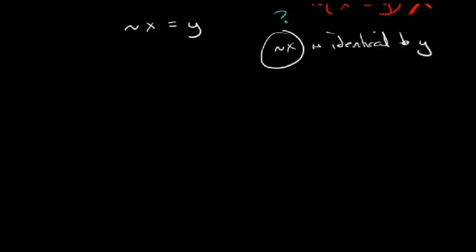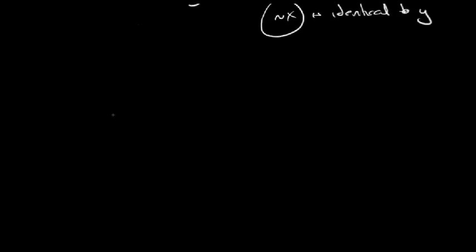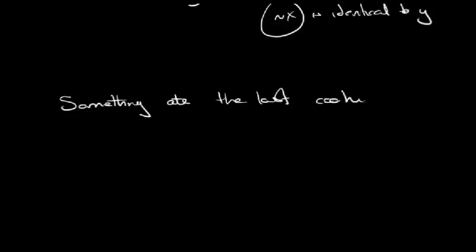So let's think of a sentence: something ate the last cookie and it wasn't, terrible handwriting, it wasn't Julie. So here we're going to need some kind of identity statement. We need to say that something ate the last cookie, but we also need to say that that something is not identical to Julie.